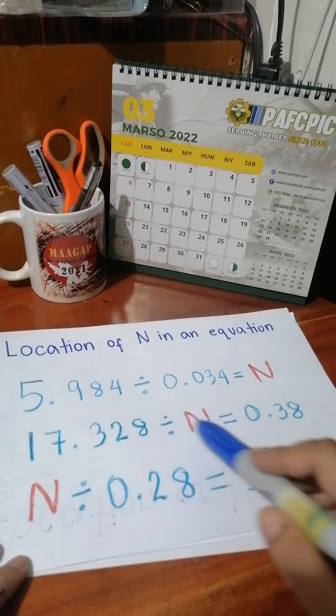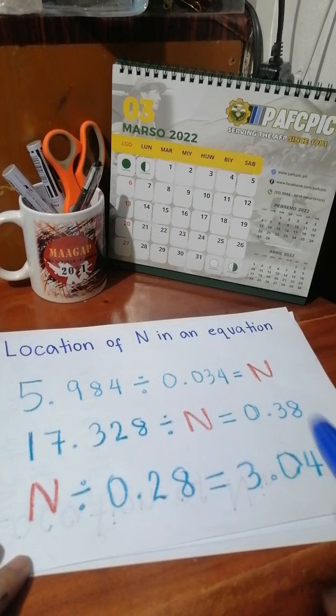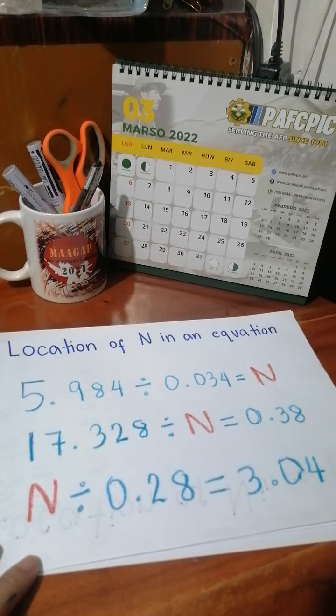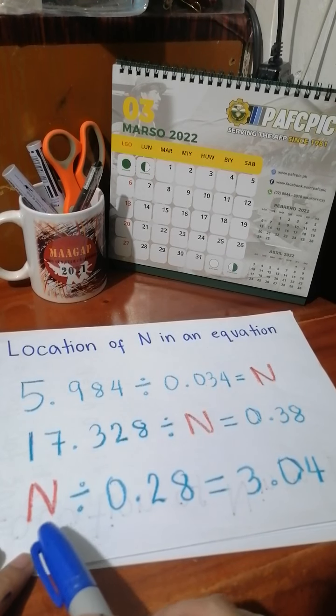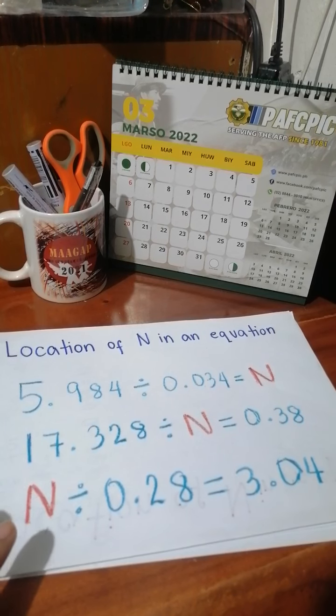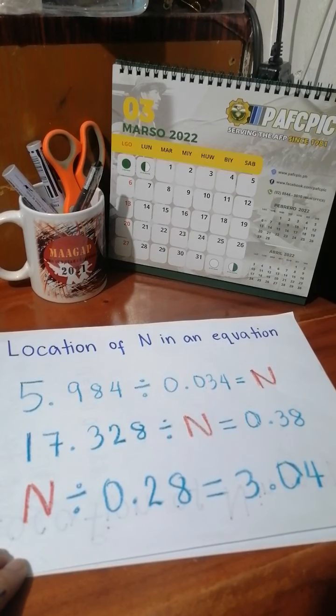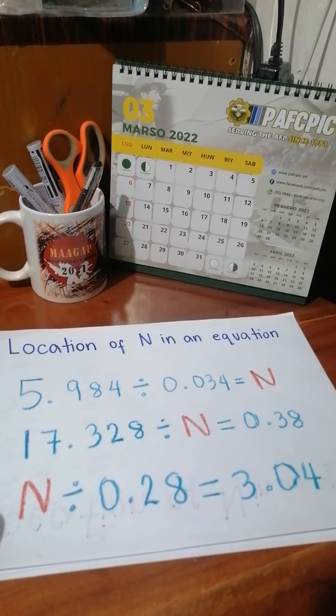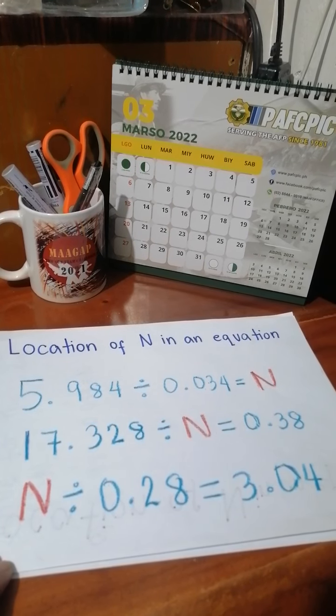If the n is located at the middle, the operation that we will be using will be division. But if the n is located at the first part of the equation, then the operation that we will be using will be multiplication. I repeat, if you are dividing or finding the value of n.